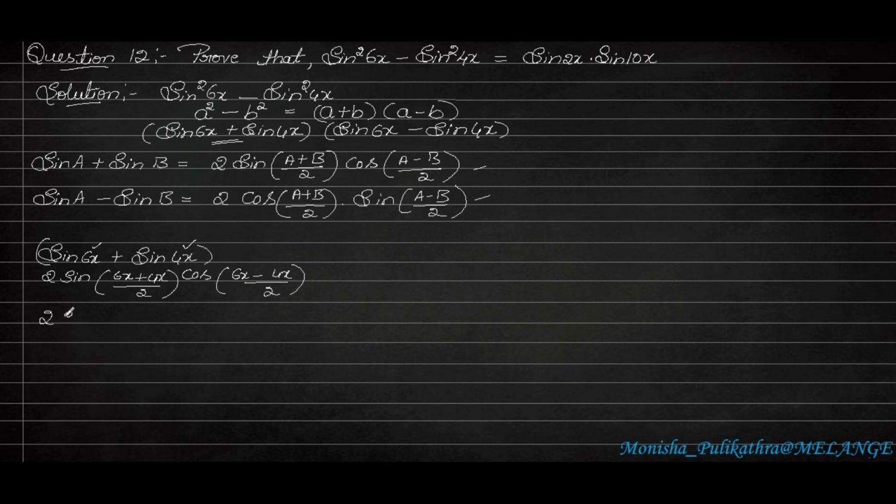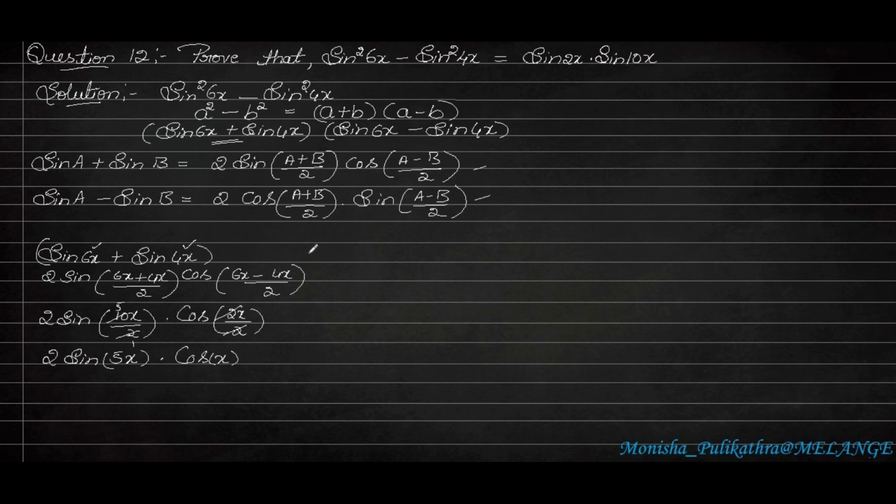So next it will become 2 sin 10x divided by 2 into cos 2x divided by 2. So here 2 and 2 get cancelled. So it will become 2 sin 5x into cos x.